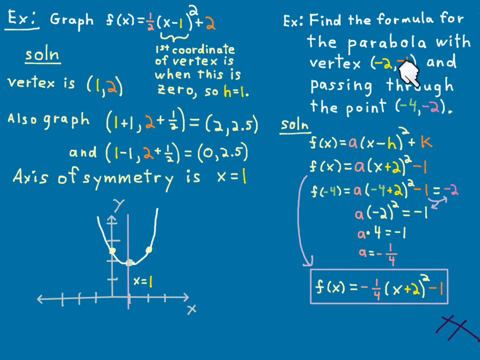And if I plug in -4, I get -2 squared, which is 4, times -1/4 is -1, minus that is -2. Right, so when I plug in -4, I get -2. Okay, so that checks. Always check these by plugging the numbers in when you're done.